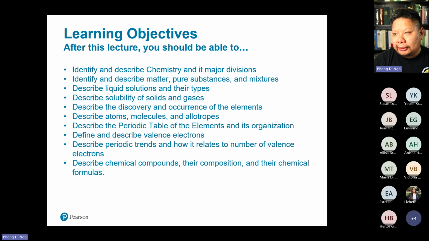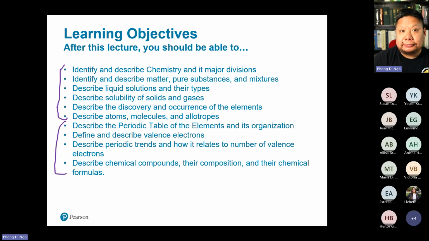Describe atoms, molecules, and allotropes. And we'll probably stop right there. So this will be for today. Then next week we'll do the periodic table and its organization, valence electrons, periodic trends, and describe how to name compounds, right? So this stuff will be next week.